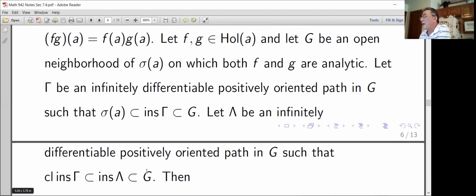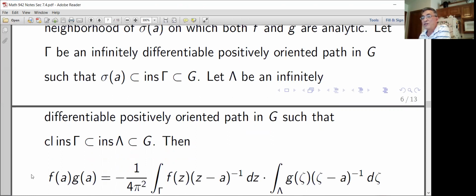Then we are going to go through a sequence of calculations. So then f of A times g of A is equal to this.